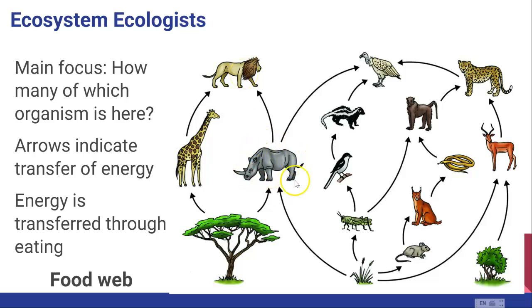So the energy from the rhinoceros will go into the lion, as will the energy from the deer. All of this energy came from something else. So all of these arrows indicate a transfer of energy, and this energy is transferred through eating.